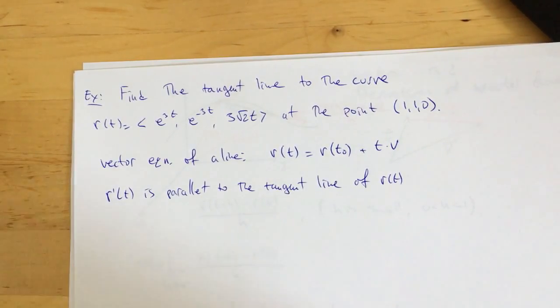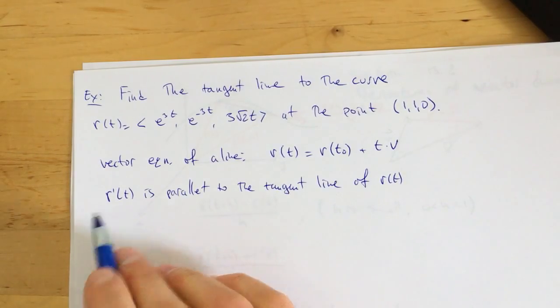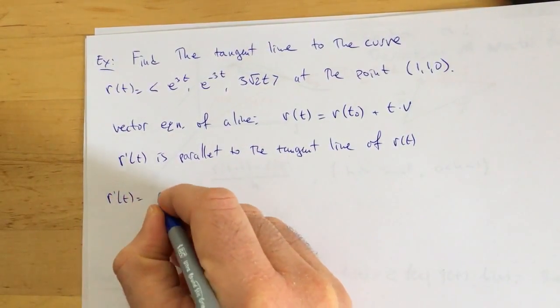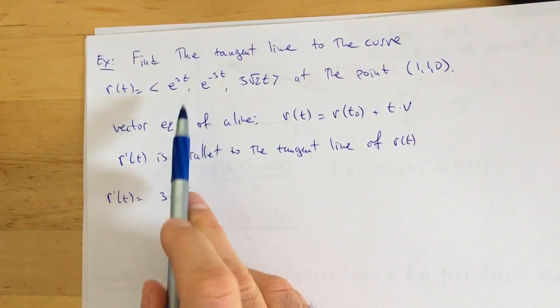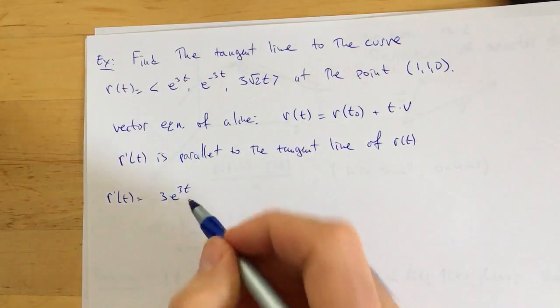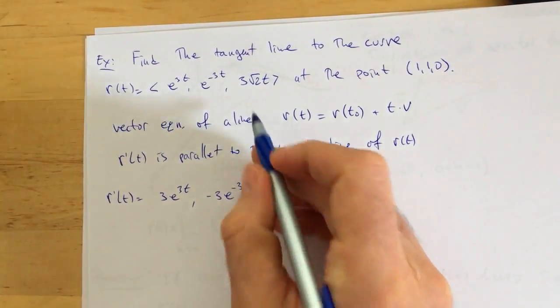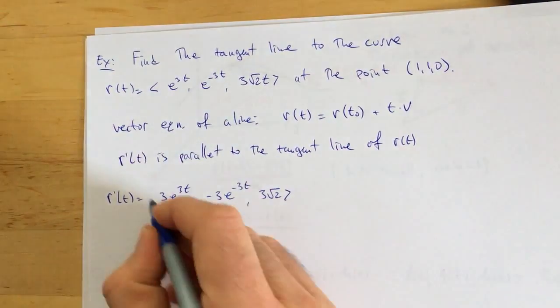So this vector v basically can be found by r prime of t. So let's do that first. r prime of t is equal to (3e^(3t), negative 3e^(-3t), 3 square root of 2). Again, I'm reminding you that all we have to do is find the derivative of each component, and this last one is just a constant because the derivative of t is 1.